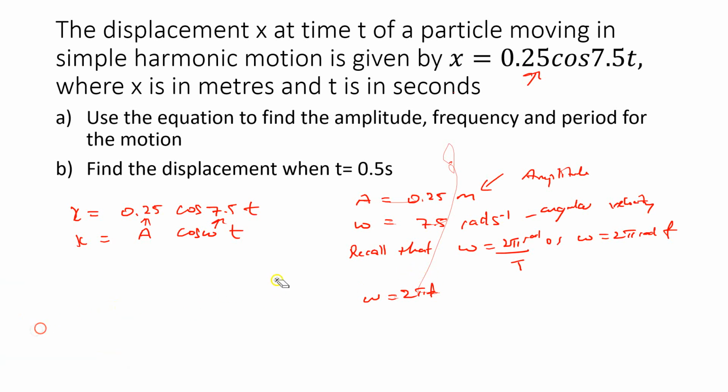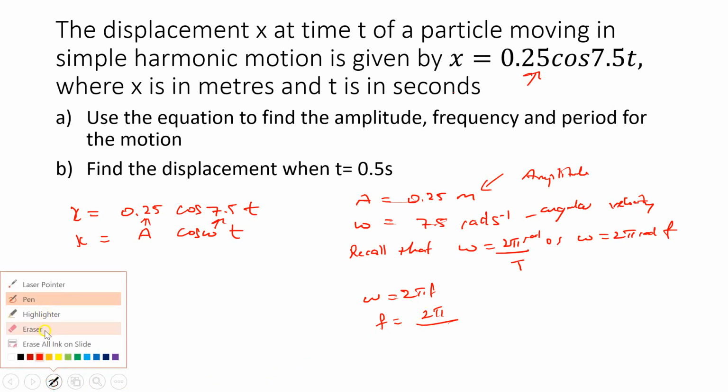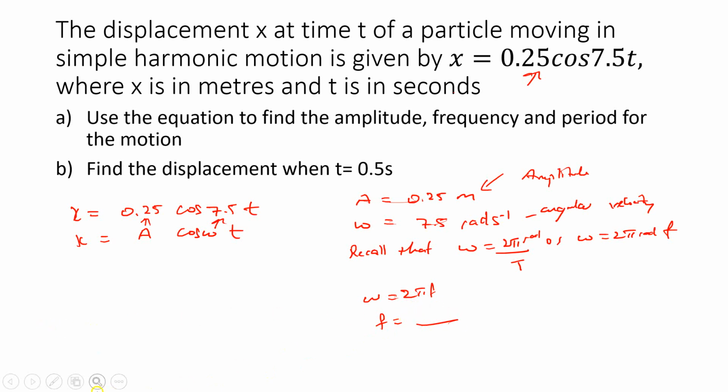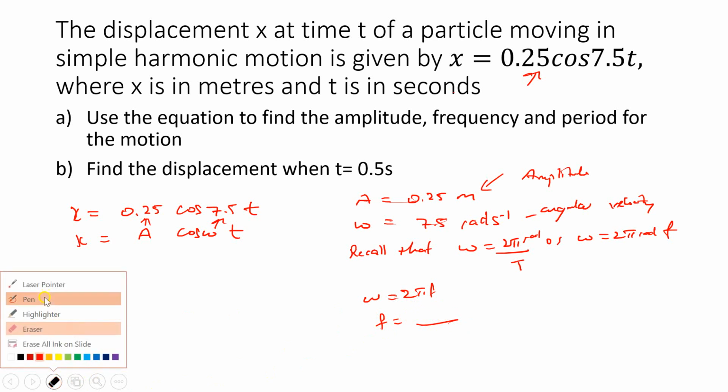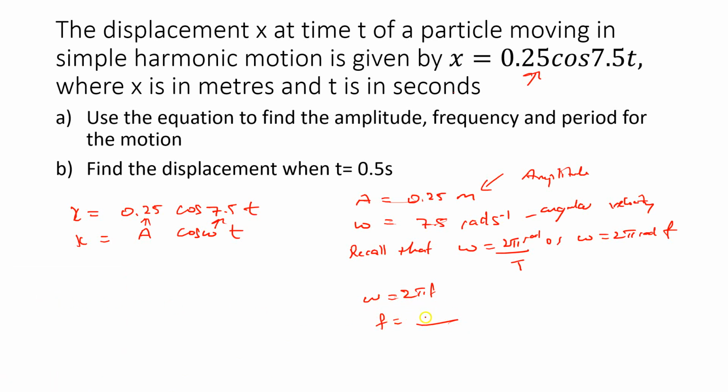So we could transpose the equation to make f the subject. f is going to equal omega divided by 2 pi. You found out what omega was. Omega was 7.5 from the equation, divided by 2 pi.